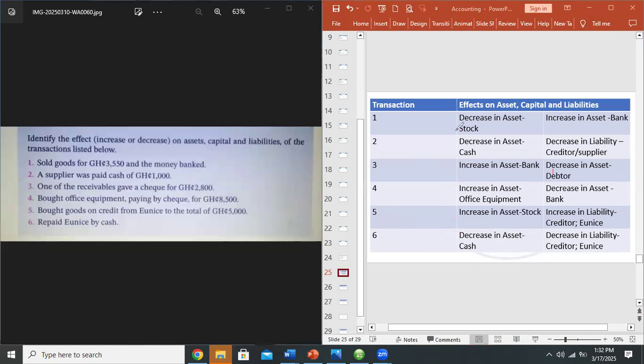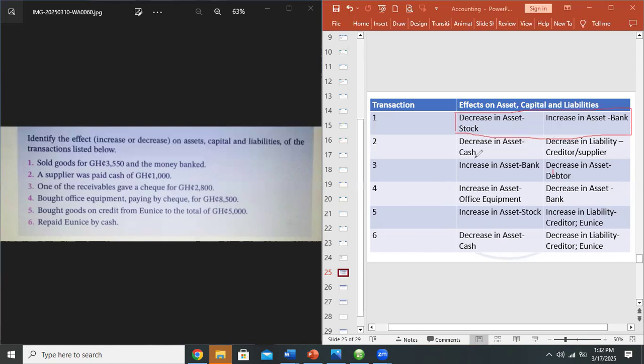So my question was, based on the principle, which account would you debit and which account would you credit? And my professors answered that for the decrease in assets, we will credit. And for the increase in assets, we will debit.